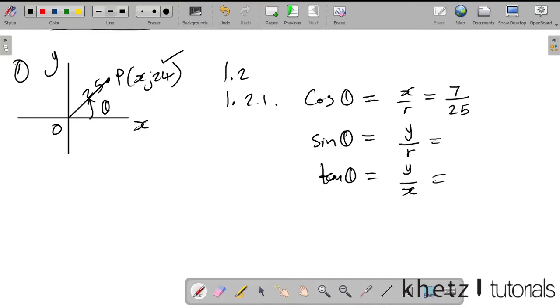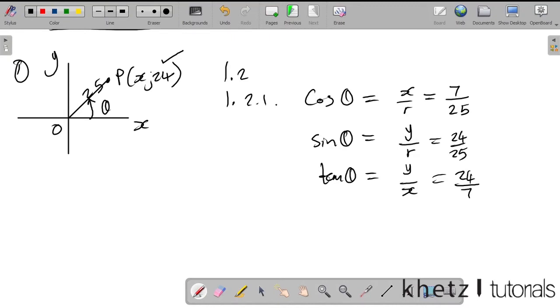Sine of theta is y, 24, divided by r of 25. Tan theta, y divided by x, is 24 divided by 7. So that is how you'd answer such a question. Basically, just look at the diagram and substitute your x, y, and r values into the appropriate trig function.